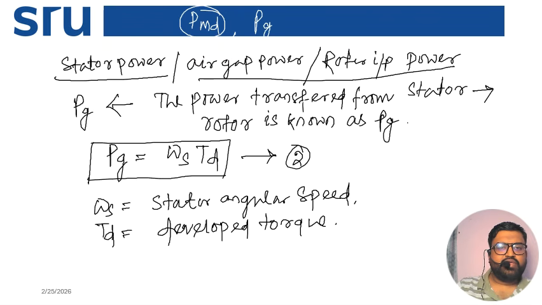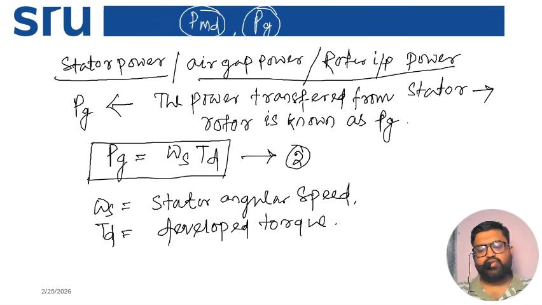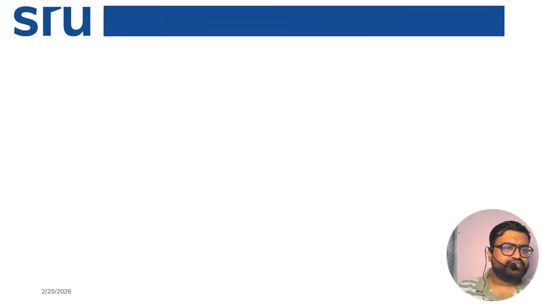Another one is your PG. These two powers we already discussed. Now we are moving from the developed torque to the mechanical power developed and the air gap power developed. Now we are finding out the losses.